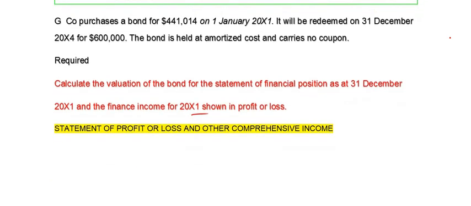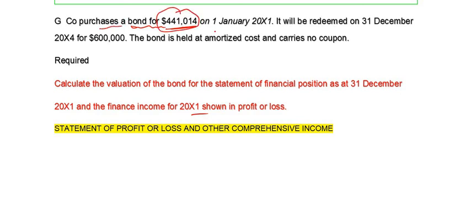You see here, this G company purchases a bond. This is a purchase of a bond, so it's a financial asset. We have already discussed this at the time of financial instruments: when you purchase a bond, you are the lender of the money, and you will have a financial asset.